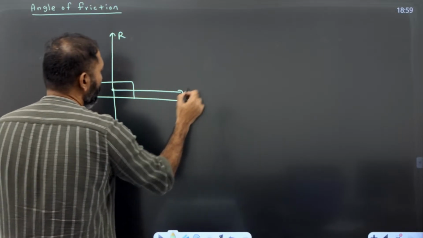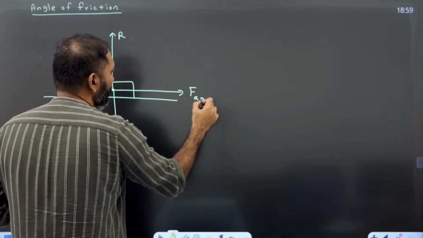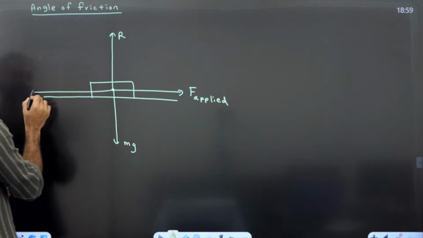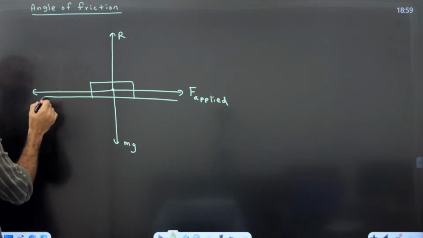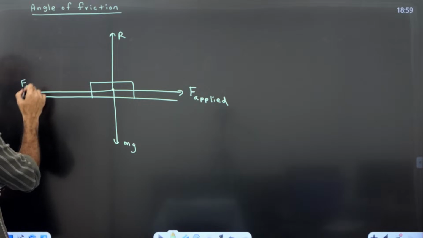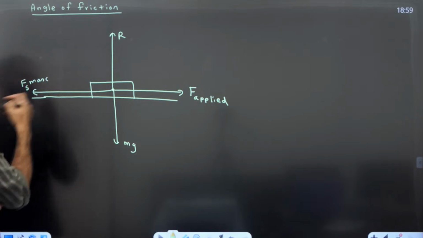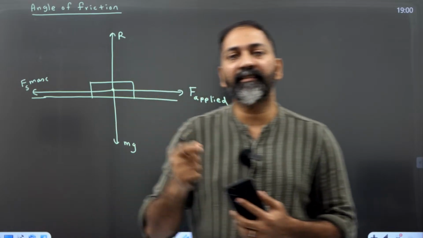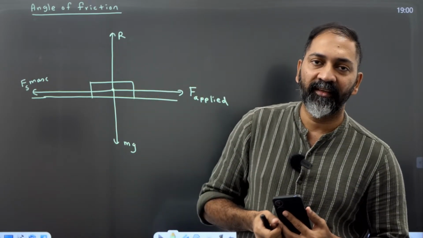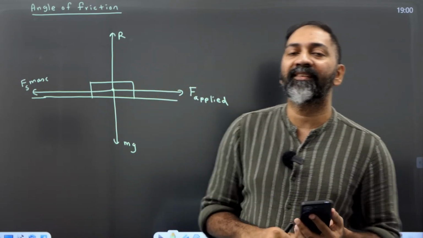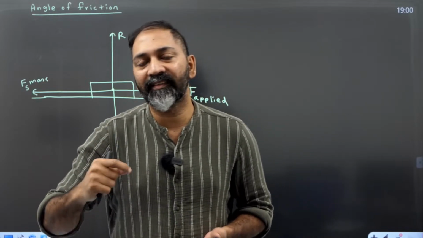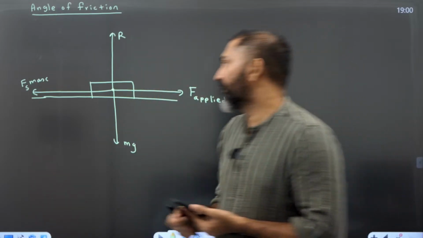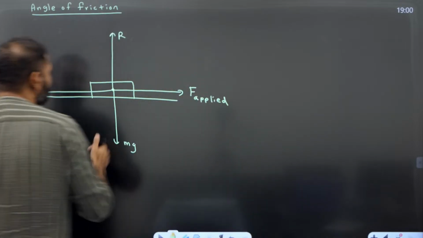This side I am applying a force, F applied. Friction acts in the opposite direction. Here I write Fs max, because this picture is taken just before motion starts. Just before motion starts, static friction reaches its maximum value, called the maximum value of static friction.